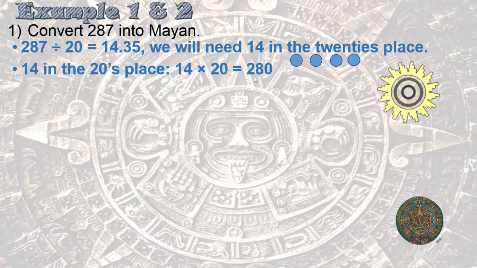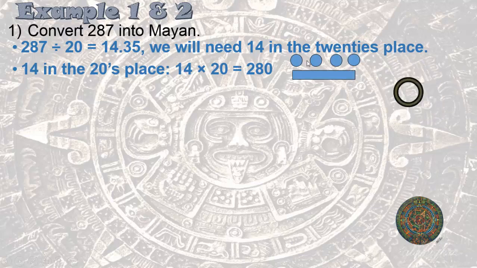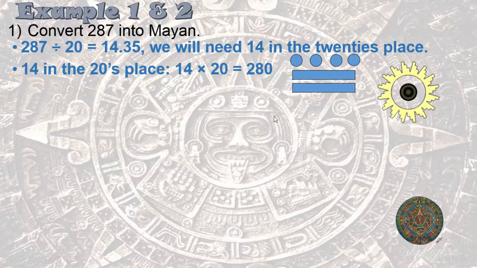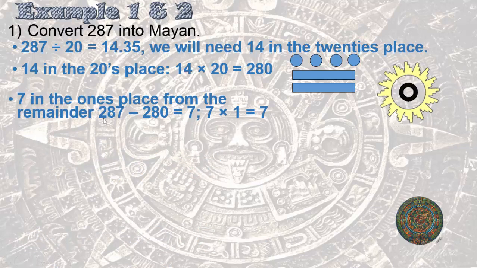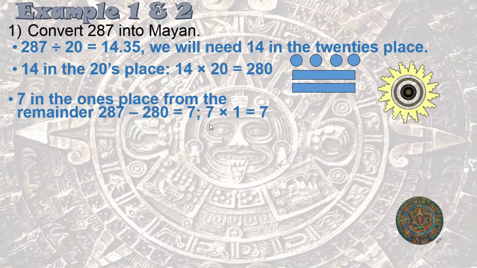And there we have our 4 dots and 2 bars that will give us 14 in Mayan, and we put that in the 20s place. Then in the ones place, the remainder, we subtract 280 from 287, and we get 7.